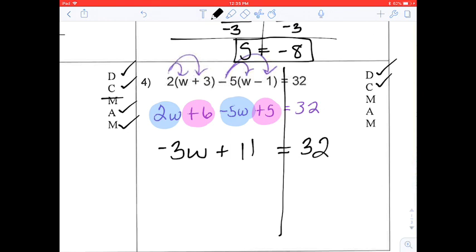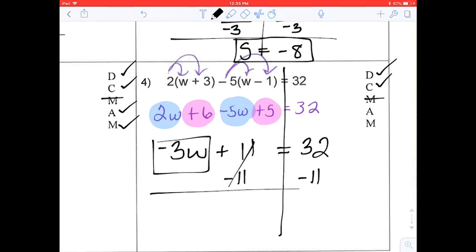Like terms are combined. We only have variables on one side, so we don't need to move anything. But we do need to check our addition and subtraction. We're getting negative 3w by itself, so we need to get rid of that 11. We're going to subtract 11 from both sides.